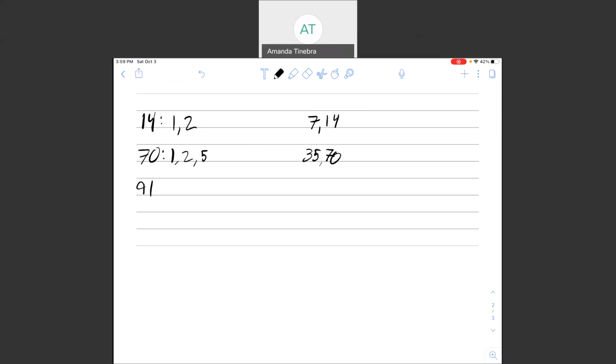So I'll do 5 and 14. 6 does not go into 70. 7 does. So I'll have 7 and 10. And then I check 8 and 9. Neither of those go in. So because I checked everything in the middle here, none of it goes in. That means we're done. So my factors of 70 are 1, 2, 5, 7, 10, 14, 35, and 70.